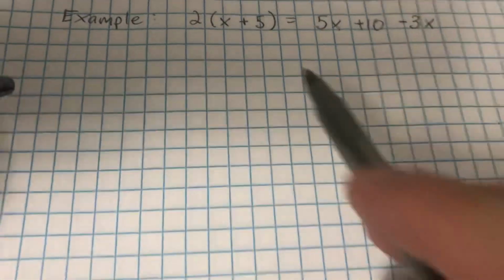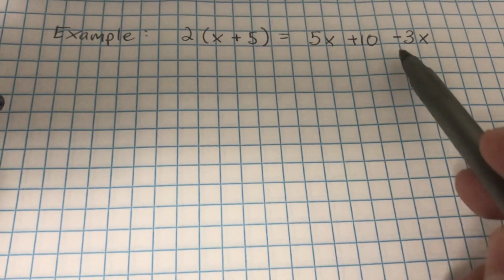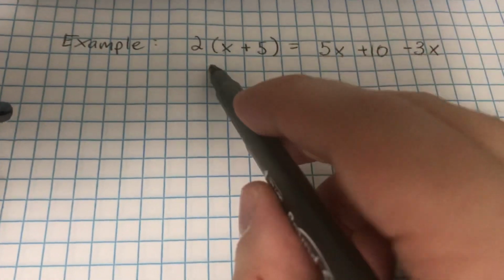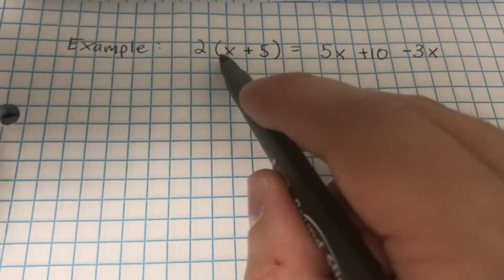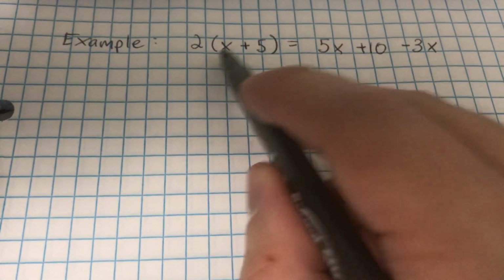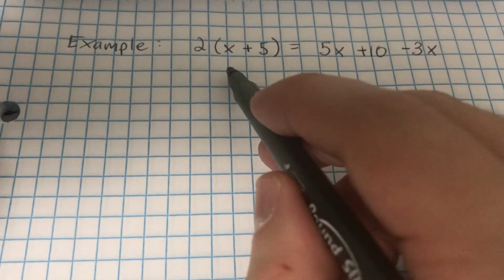How about this equation? 2 times (x plus 5) is equal to 5x plus 10 minus 3x. 2 times (x plus 5), well, the first thing you should think is I need to get rid of these parentheses in order to simplify this side of the equation.